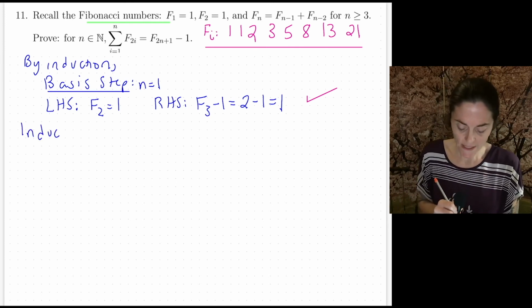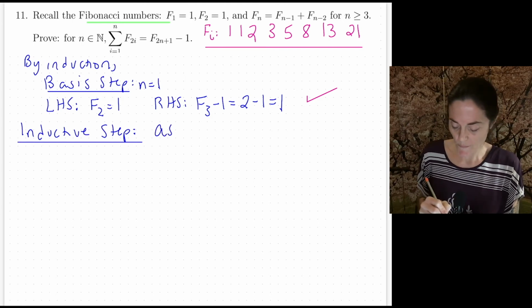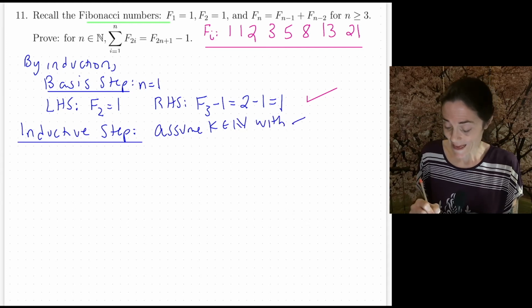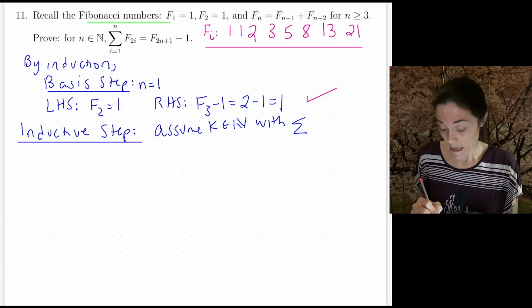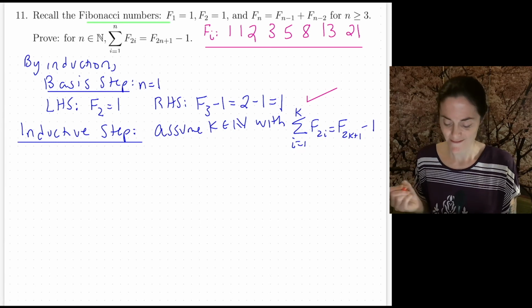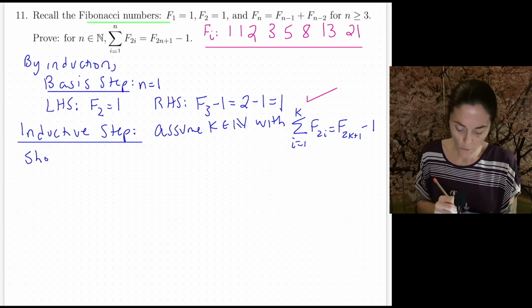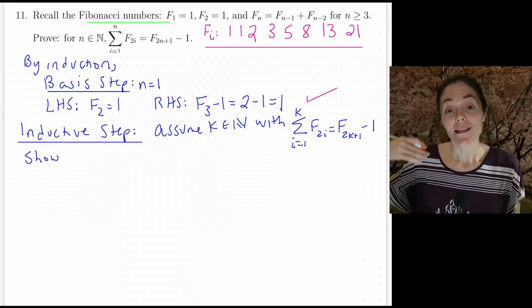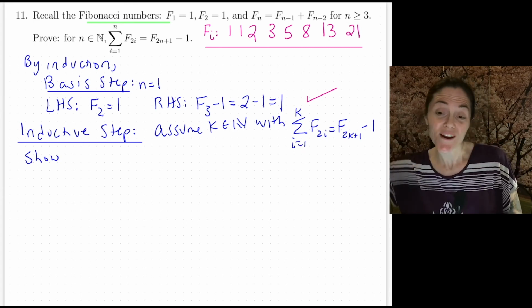Now for the inductive step. We assume k is a natural number with, well, if we add i equals 1 to k of F2i, we get F2k plus 1 and then minus 1. And we want to show, well, that this holds for k plus 1.